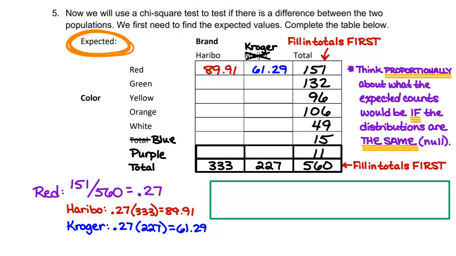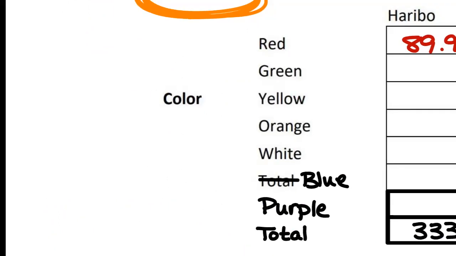However, I want to talk about a slightly faster way of calculating this, or at least another way of thinking about it. Instead of doing this in two steps, where first I find the percent, then multiply it by all the Haribo, then multiply it by all the Kroger brand: if I take a value like 5, I divide that by 8, and then I multiply the whole thing by 7.